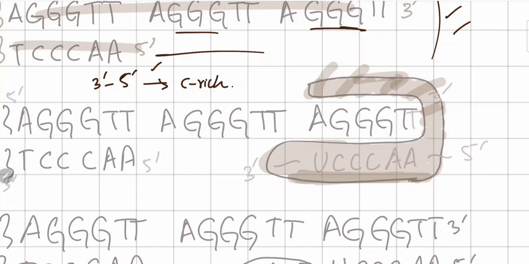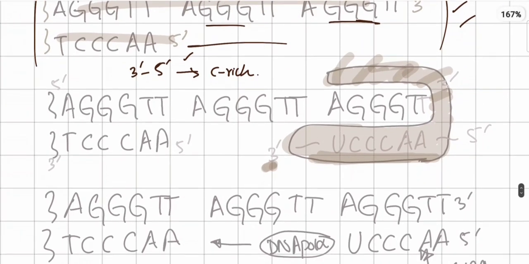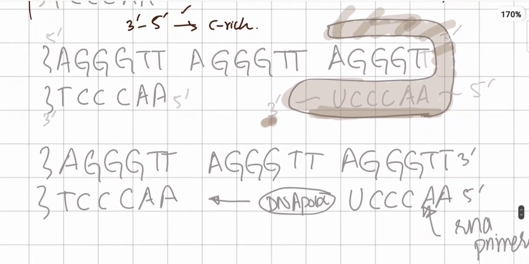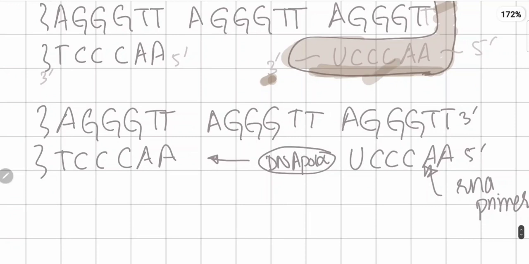And that RNA primer reads 3' to 5'. So you see U, C, C, C, A, A. U means that this is from the RNA primer. Now, as we have this RNA primer with us, DNA pol alpha can come and increase the size in this direction.